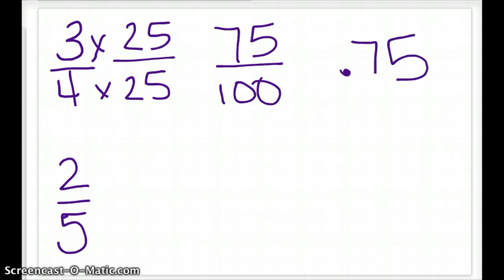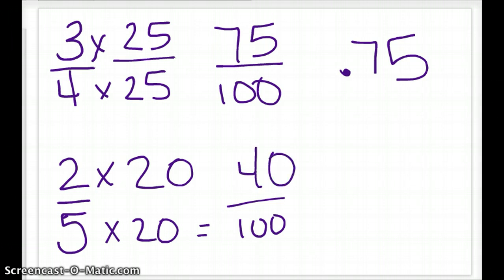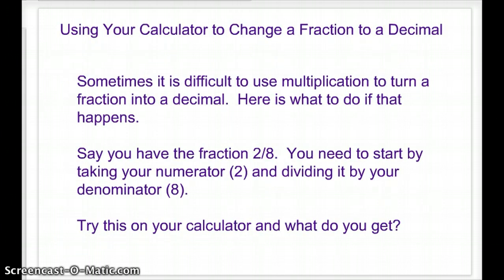Well, what about 2/5? I know that 5 times 20 is equal to 100, and I have to do the same thing on the top, and that 2 times 20 is equal to 40. So that is the same as saying 40 cents, or 0.40.